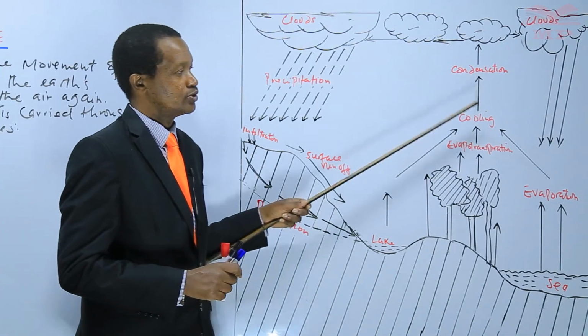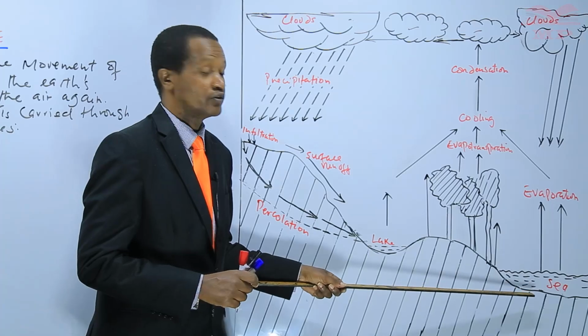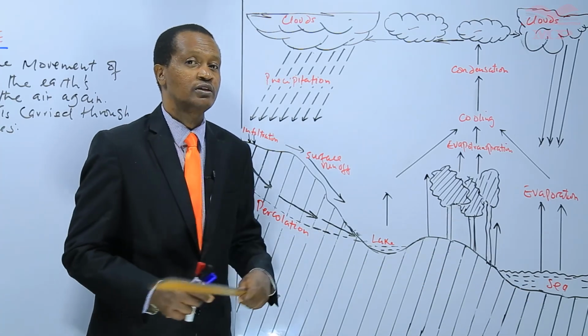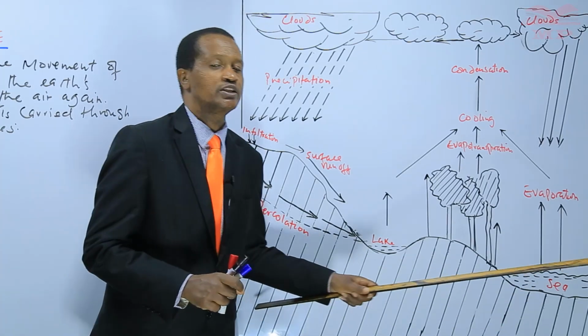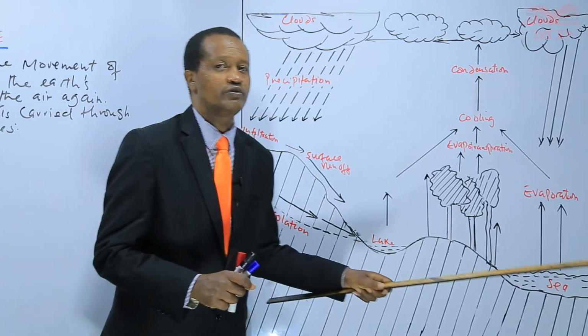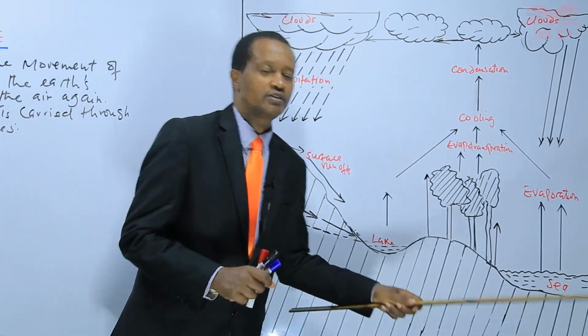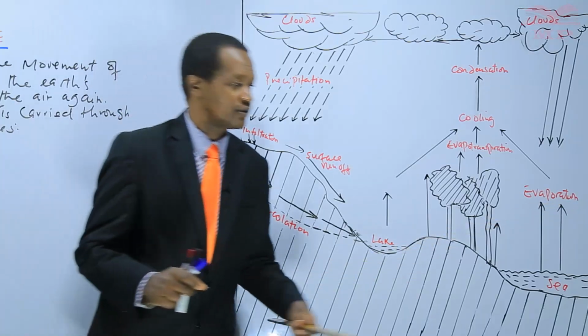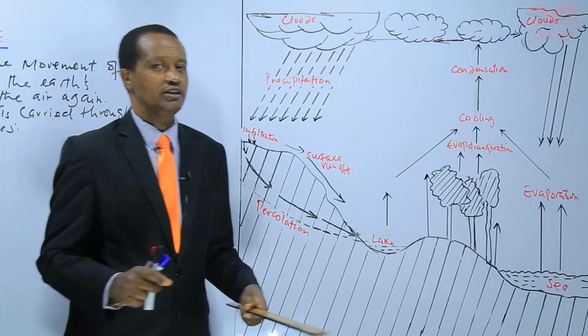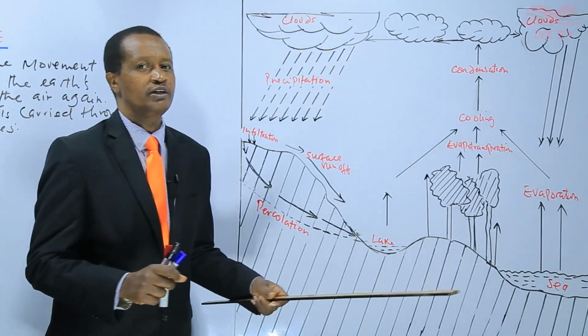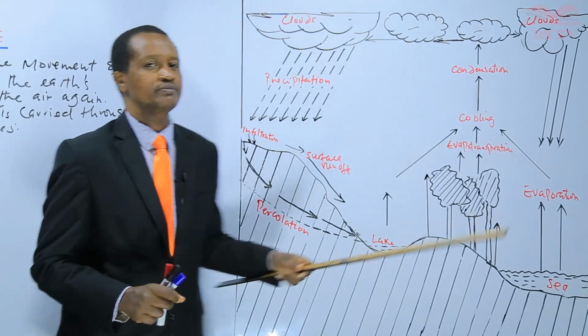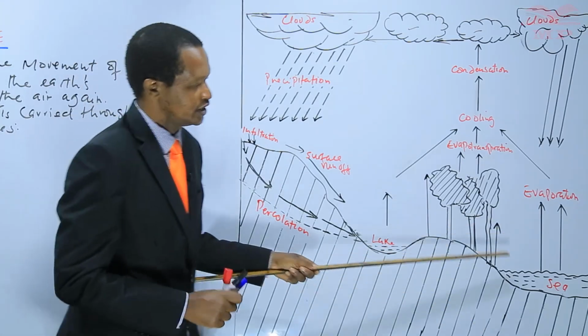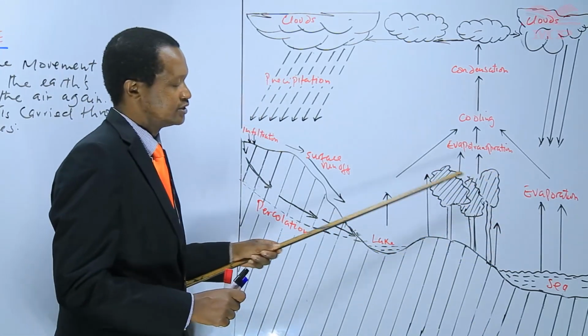that is in the atmosphere is from these oceans, because the ocean covers around 70% or 80% of the surface of the earth, and it is an open surface. So most of the water vapor evaporates from the ocean. So you have seen evaporation, learners.